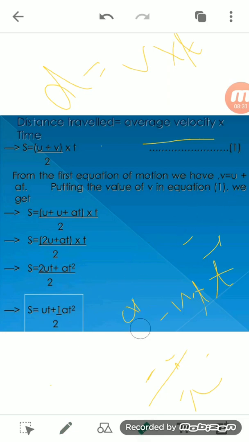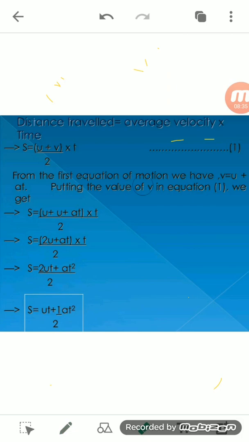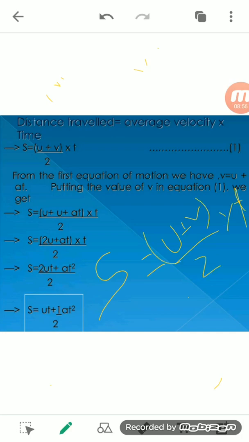So we represent the distance traveled by s, that will be equal to the average velocity. Earlier we calculated the average velocity, which is equal to u plus v upon 2, into time, that is represented by small t.